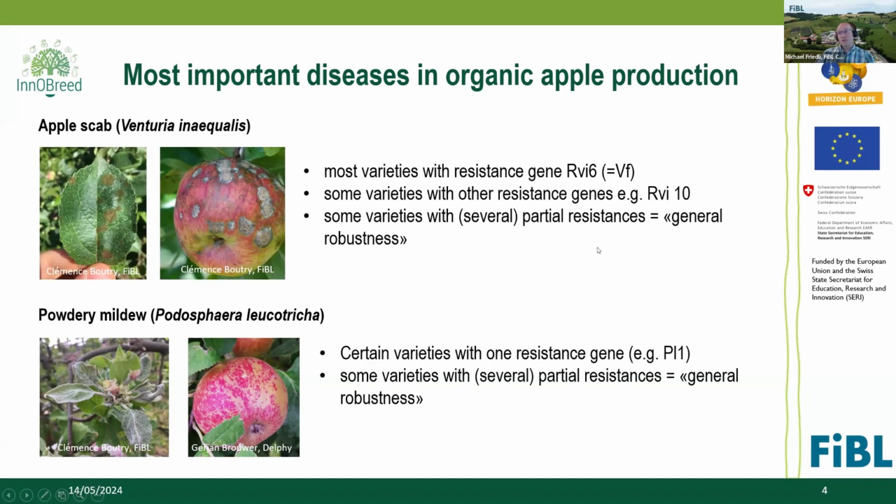And we also have some varieties that have some partial resistance, where we talk about general robustness. And besides the apple scab, we also have powdery mildew that can have a big impact on the production. And there we also have certain varieties that have one resistance gene, and also some with partial resistance, where we talk about general robustness.